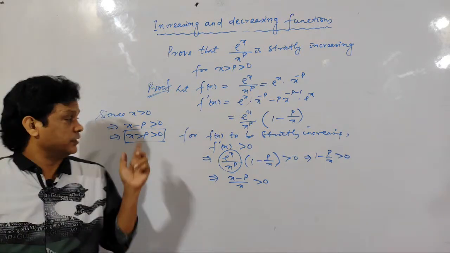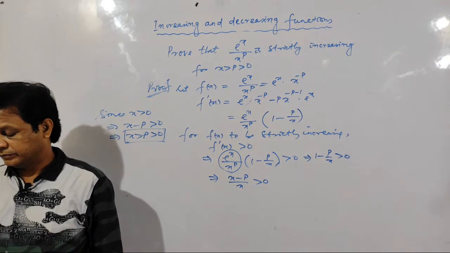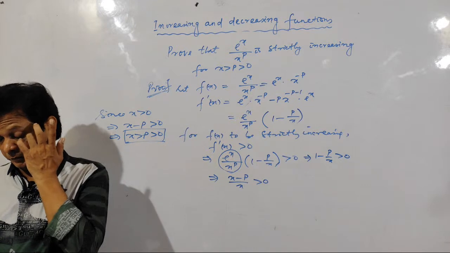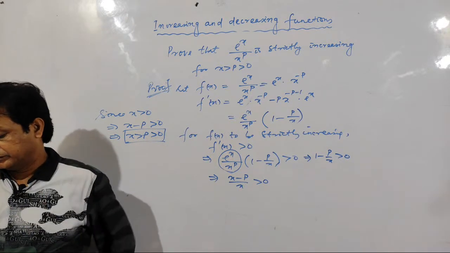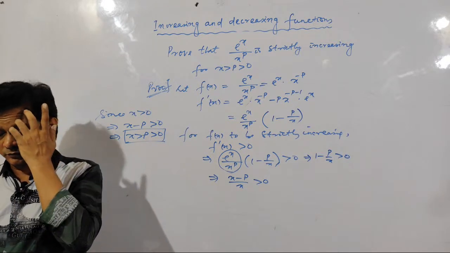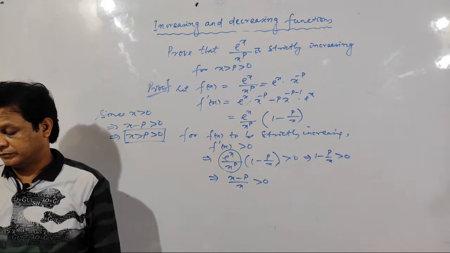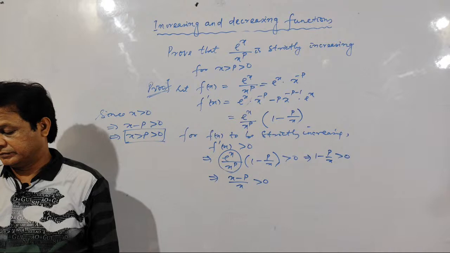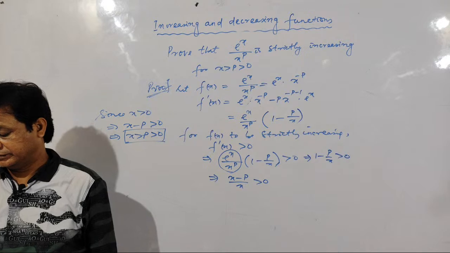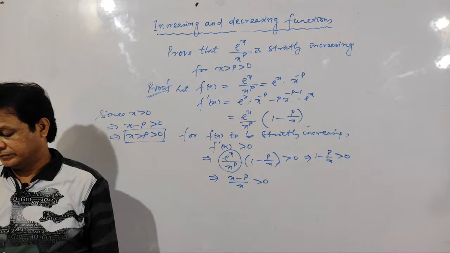I have proved that x is greater than 0 and I am directly writing it is greater than 0. Why? Can you tell me? No one can say.